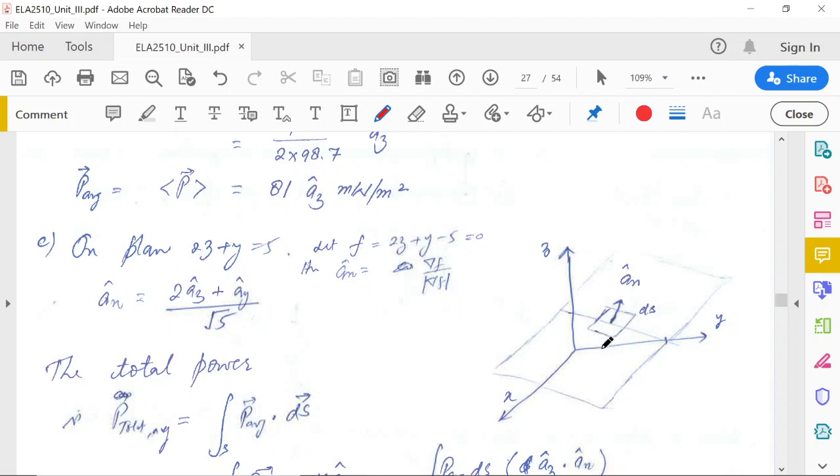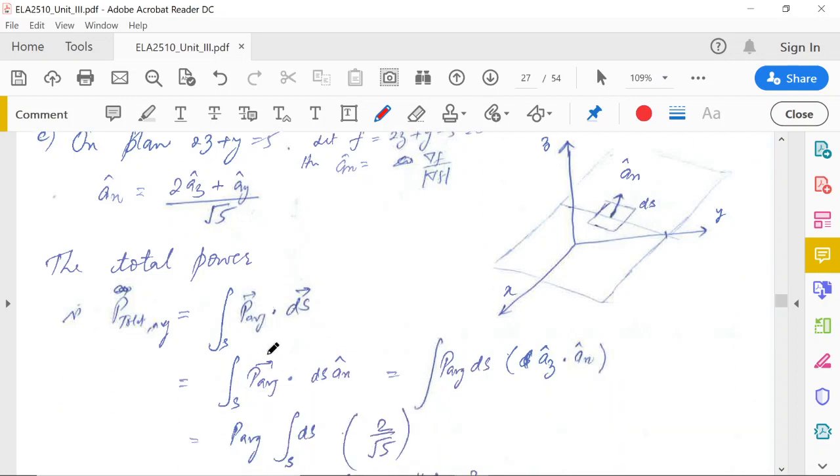So you have some plane, and then you have to take the dot product with this plane. So this you have dS a_n. So a_n dS, this is the differential surface area on this plane, and a_n is the unit normal.